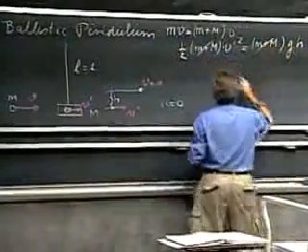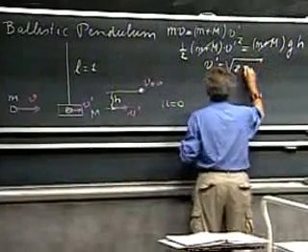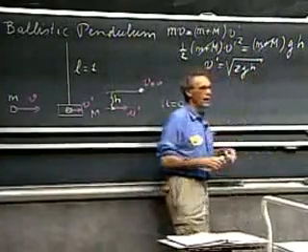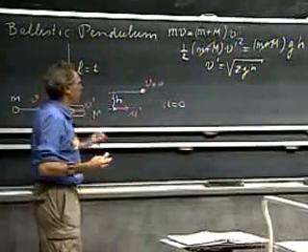And we lose our (M plus m), so v prime would be the square root of 2gh. And so all you would have to do is measure h, and then you know v prime, and if you know v prime, you know the speed of the bullet.